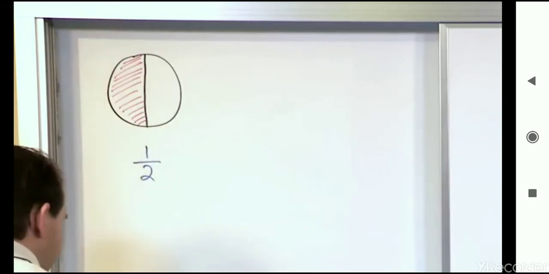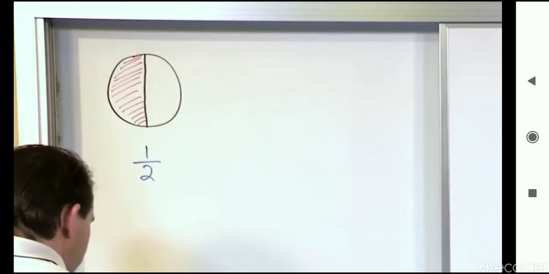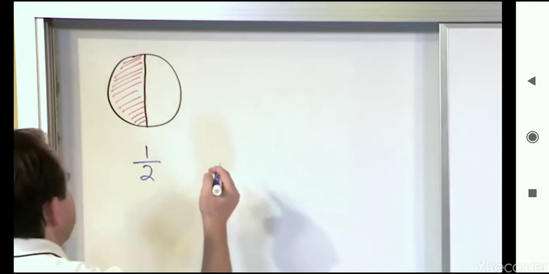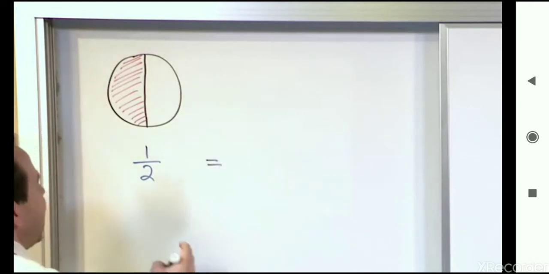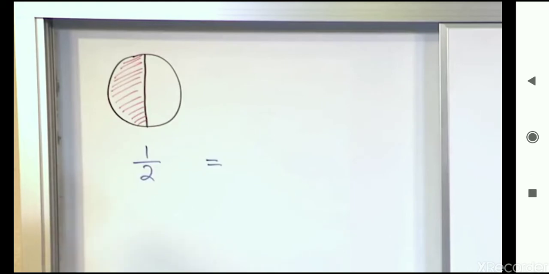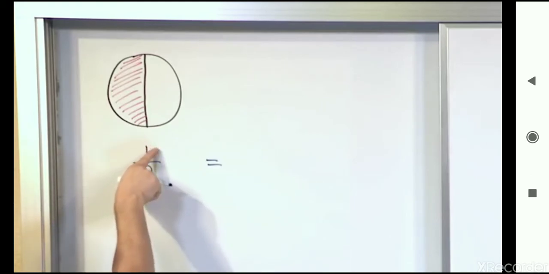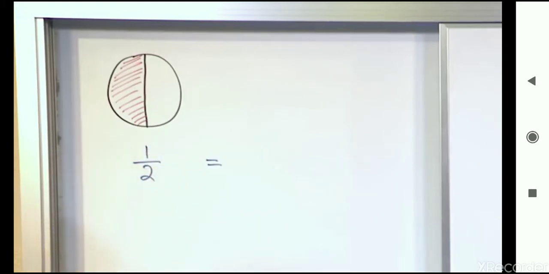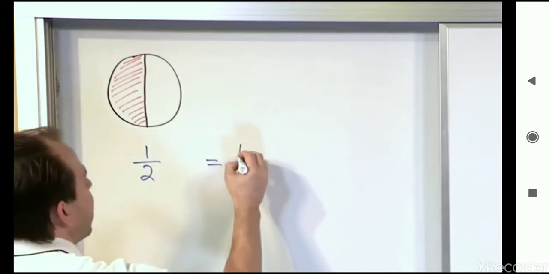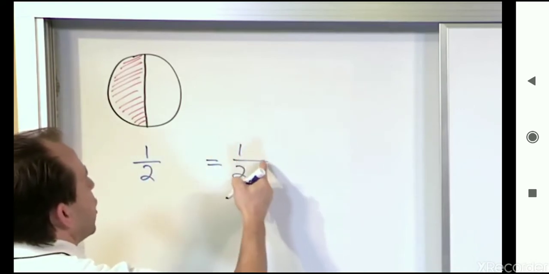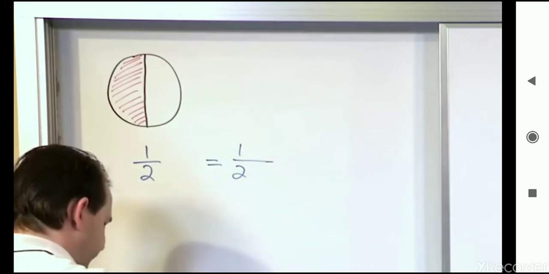All right, so let me show you something. What I can do is put an equal sign here. And I told you, I can take the top and bottom of this fraction and multiply it by anything I want as long as I do it to the top and also to the bottom. So I can rewrite my 1/2, and I'll make a longer little fraction bar here.